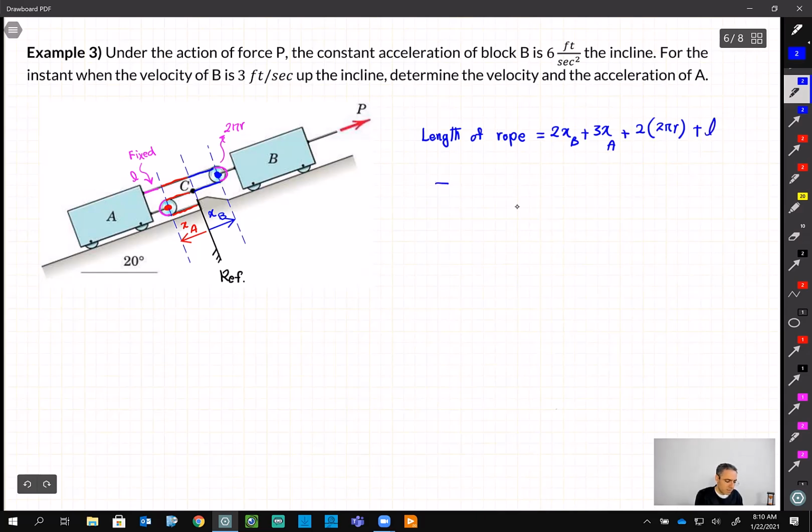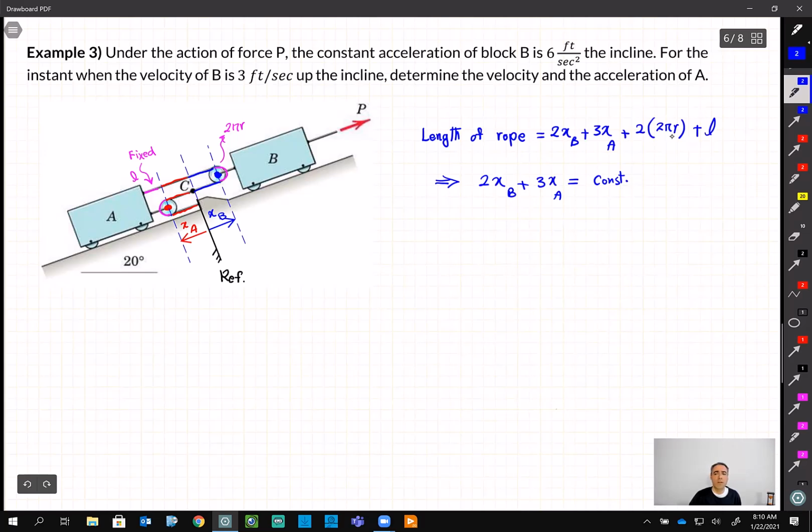And then can I write down 2xb plus 3xa is equal to some constant? Because r is constant, 2 pi is constant, all of the stuff around here is constant. L is a fixed value, is constant, like this pink length, right? And the length of the rope is not going to stretch, it's always constant.